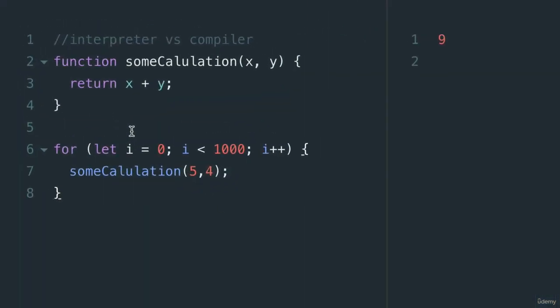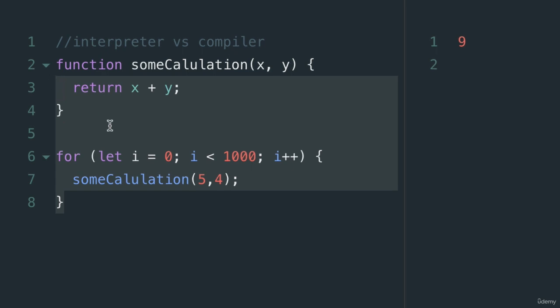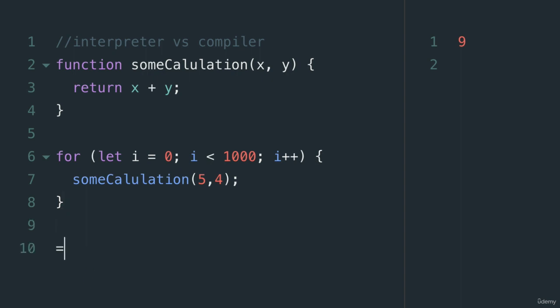With a compiler, this time around, it's going to take one pass through the code and try to understand what the code does. And it's going to take the program in JavaScript or any type of language and write a new program in a new language. Let's say programming language X.